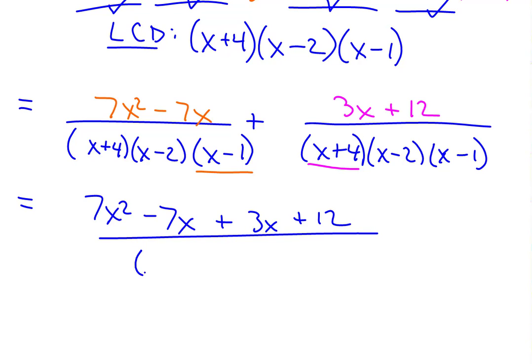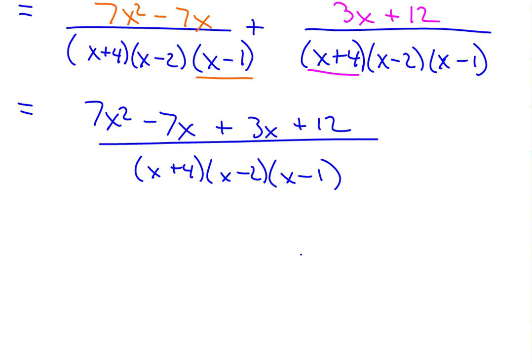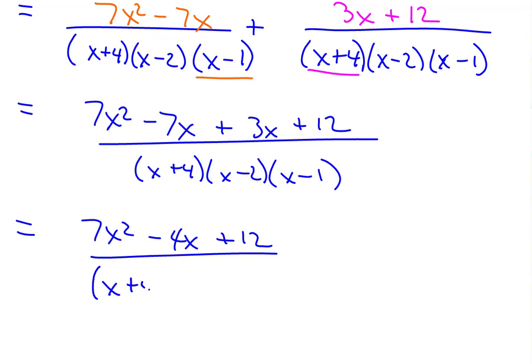And we could write that all over the LCD that we've already found of x plus 4 times x minus 2 times x minus 1. And then, as mentioned, we'll just combine like terms in this numerator to get 7x squared, and then minus 4x, and then plus 12. And that's all over our LCD of x plus 4, x minus 2, and x minus 1 all being multiplied together.